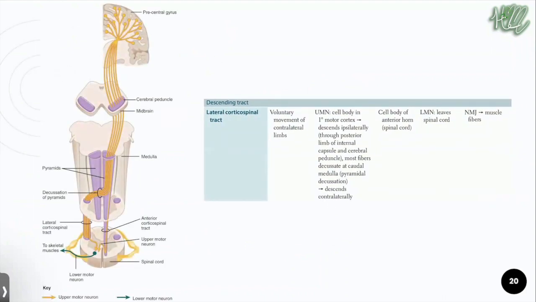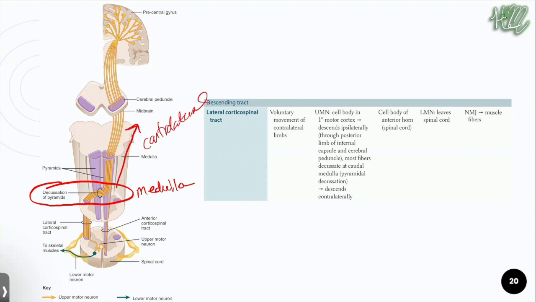This guy has our upper motor neuron, and our lower motor neuron has one very important synapse. And I already kind of explained where the decussation is going to happen. That one is also happening in the pyramids of the medulla. So again, same thing. Everything above this, contralateral. Everything below this, ipsilateral.